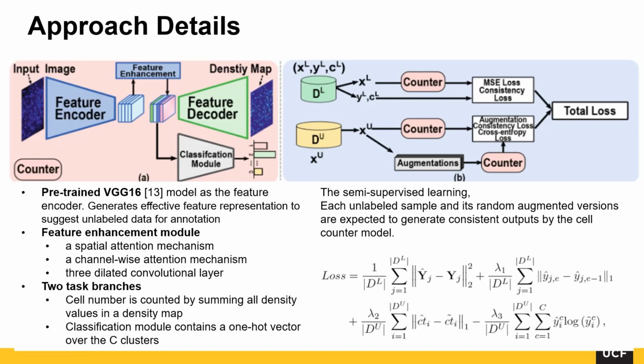This is maybe a cat image, and no matter how you do the rotation or cropping, the classifier is confident all these augmentations belong to the cat, so this is a simple case. But if one augmentation is predicted as a cat and another is predicted as a dog with higher probability, there is a conflict and not much consistency.